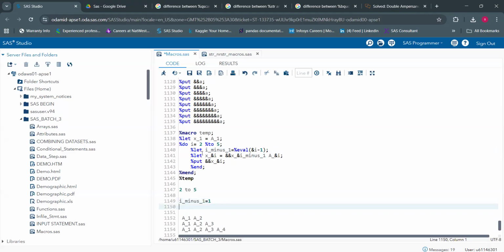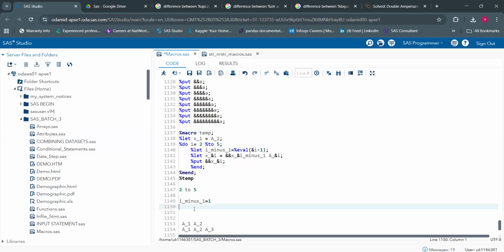Next one, %let x&i. What is x&i? What happens if I simply use this?